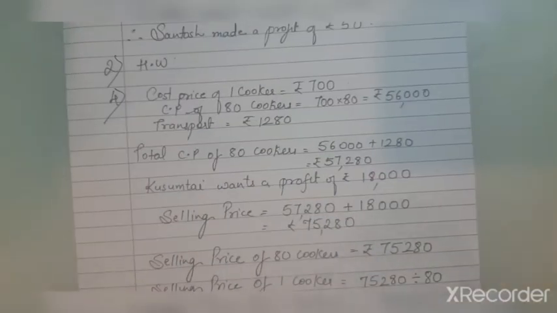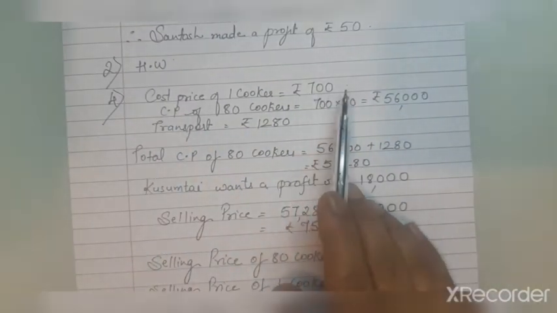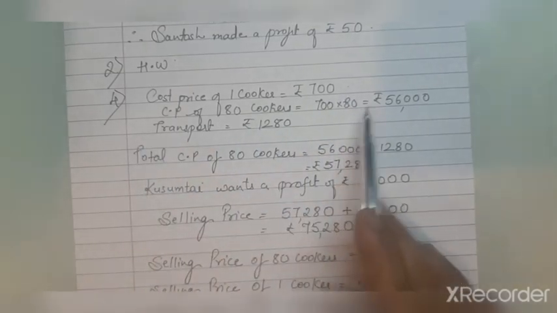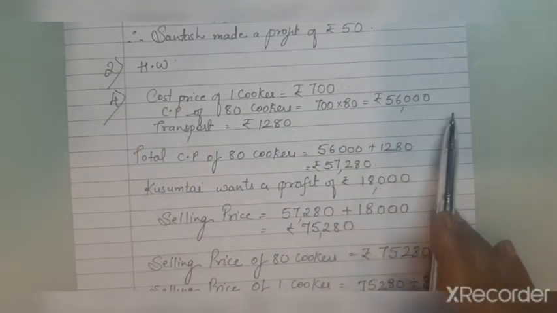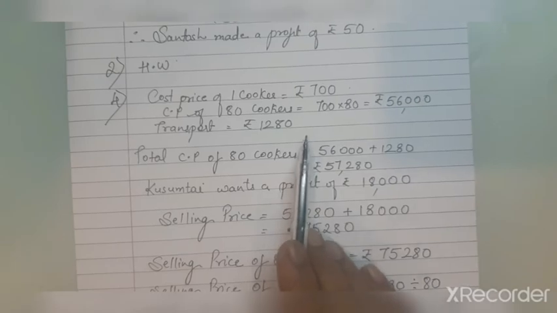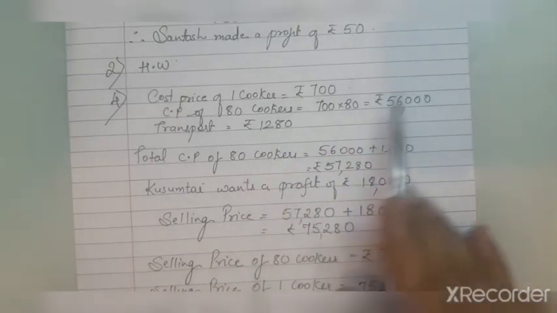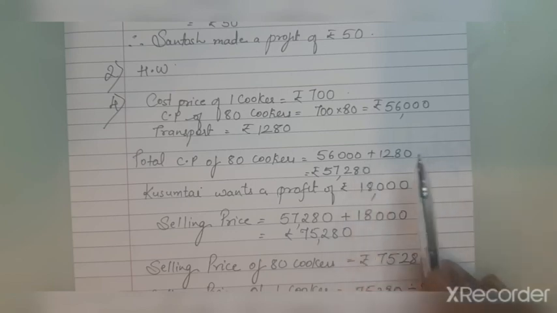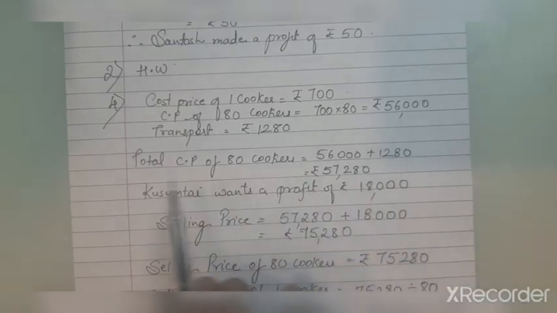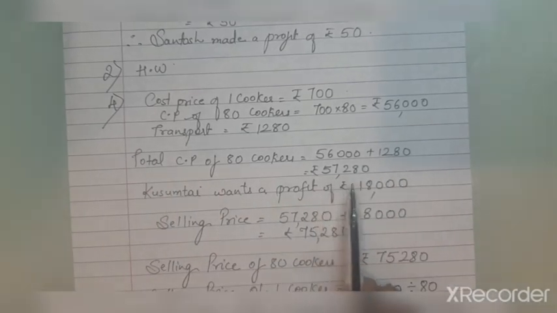Again, one cooker was bought for 700, so 80 cookers were bought for 56,000, but transport also was paid, so both together she spent from her pocket 56,000 and 1,280. So the total cost price was 57,280.